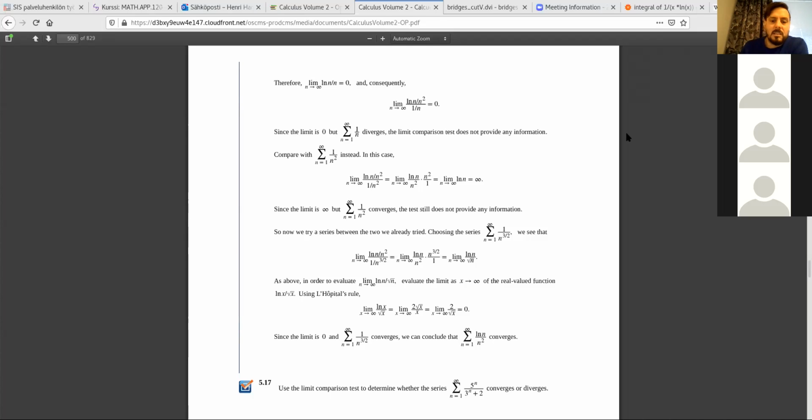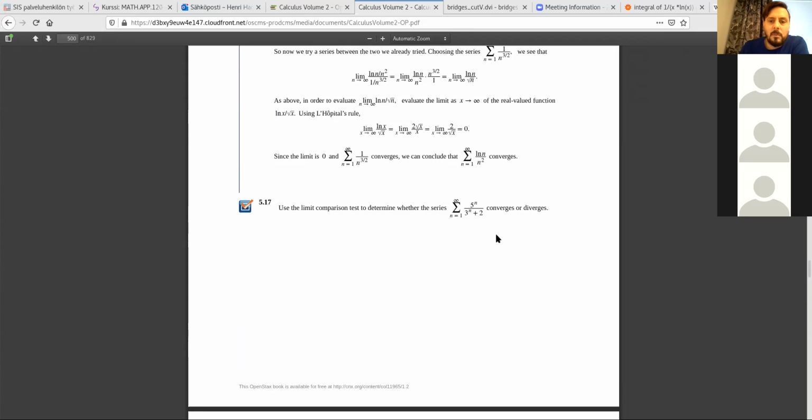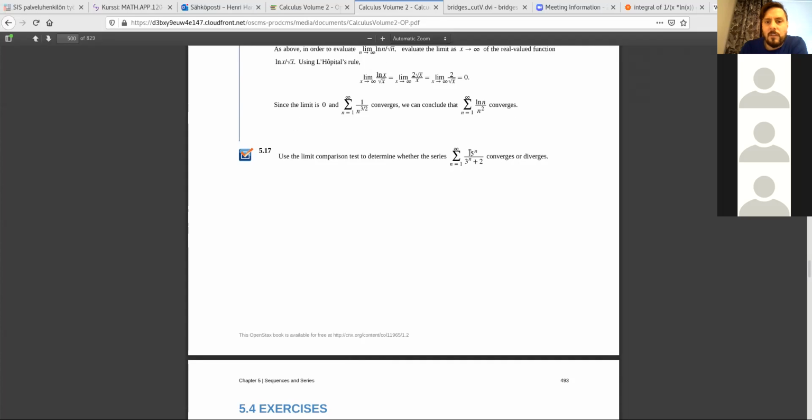So here are some cases you can compare these. I'm not going to go through this because we're going to need a little bit of thinking. But if you look at this, 5 to the n over 3 to the n plus 2, you can see immediately that you can dispense with the 2 and you get 5 over 3 to the power of n.